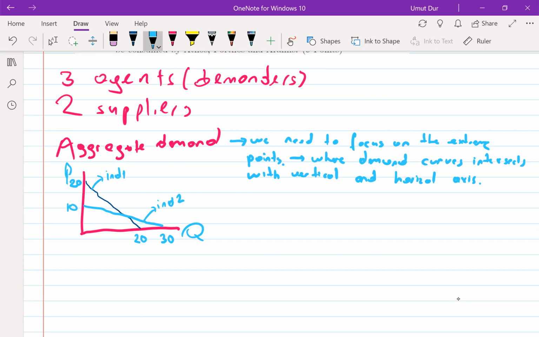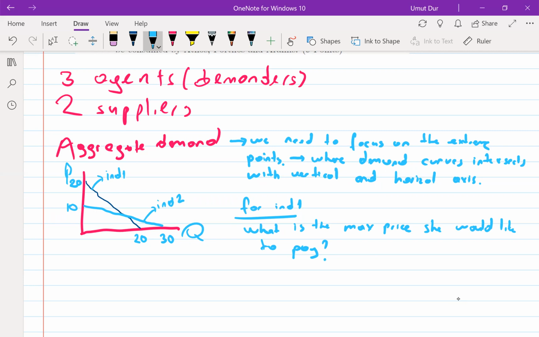So let me ask you the following question. For individual 1, what is the maximum price she would like to pay? It is 20, right?